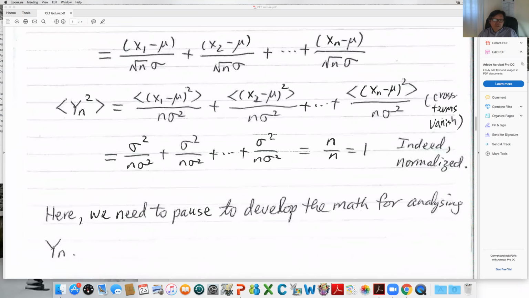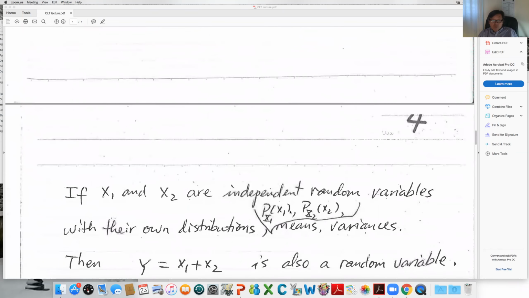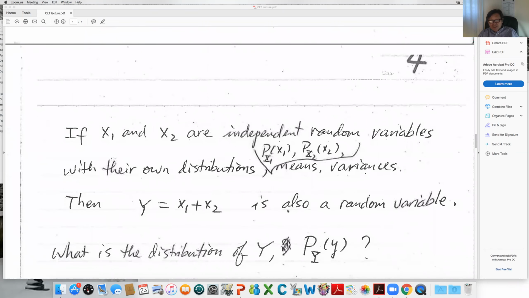Now we want to develop the mathematics to describe the distribution of the sample mean around the true mean. So let's first develop the math.